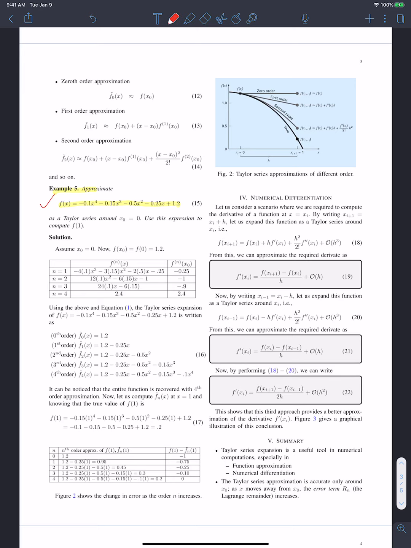If you follow the Taylor series method, the zeroth order will come down to just 1.2. The first order will be 1.2 minus 0.25 x. The second order, third order, fourth order. You will see we recover the whole function using the fourth order approximation.